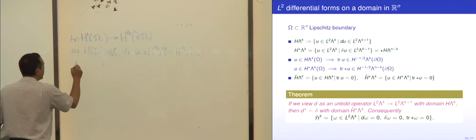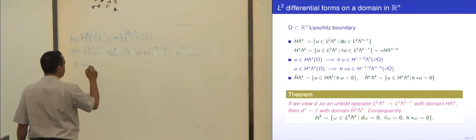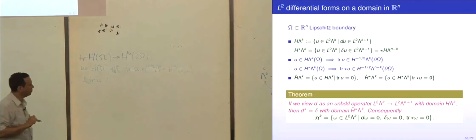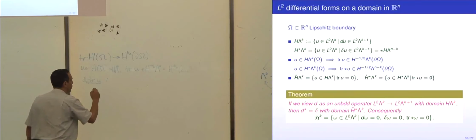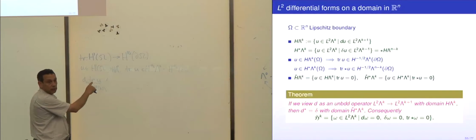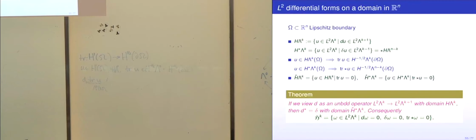However, d of trace u, so trace u lives on the boundary, so that's the d on the boundary.